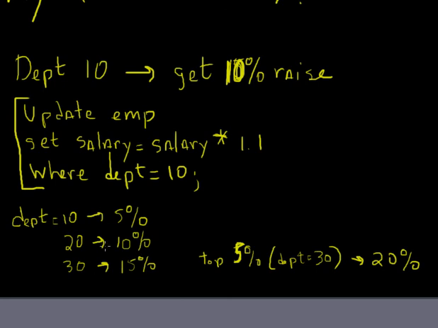Writing an update statement to reflect this is a heck of a lot more complicated. You could do it, you could write an update statement that has all of these different pieces in it, but it gets to be a challenge in a really short period of time.